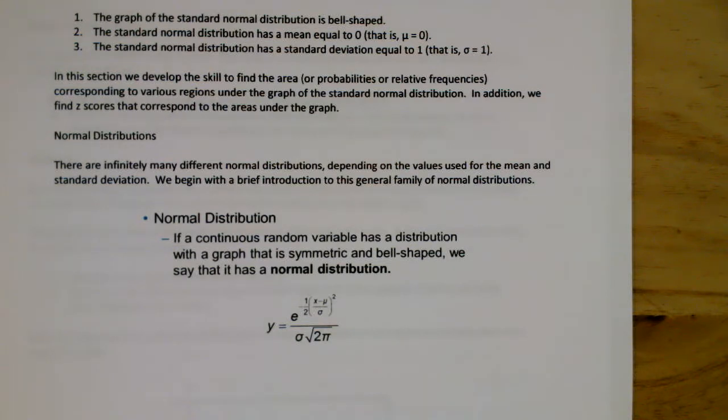In addition, we'll find z-scores that correspond to the areas under the graph. Now, there are infinitely many different normal distributions depending upon the values used for the mean and the standard deviation. We begin with an introduction to this general family of normal distributions.